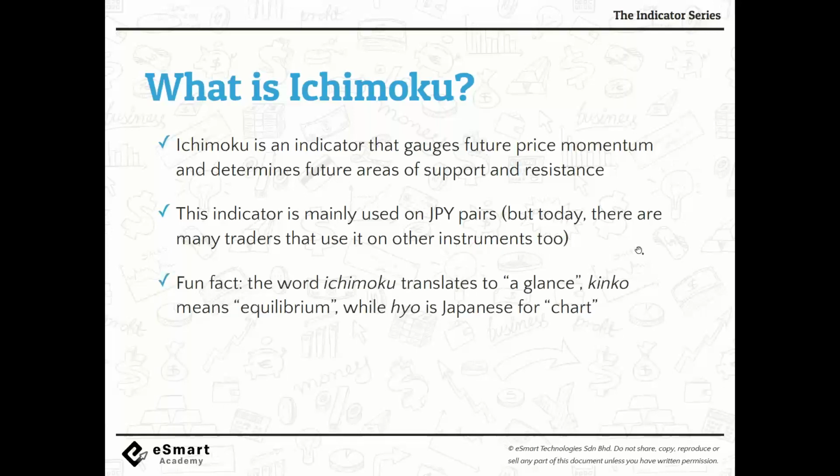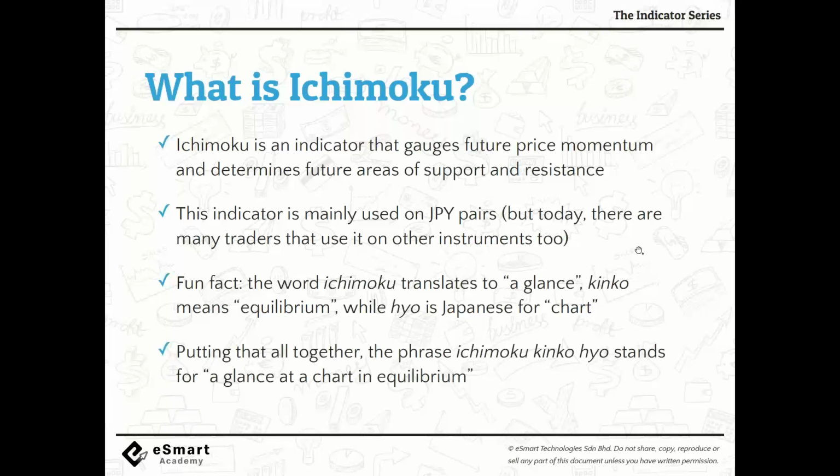Okay, and some fun fact over here. If you break it down, the full name is actually called Ichimoku Kinko Hyo. I think that's how they pronounce it in Japanese. Essentially, if you put them together, this phrase stands for a glance at a chart in equilibrium.